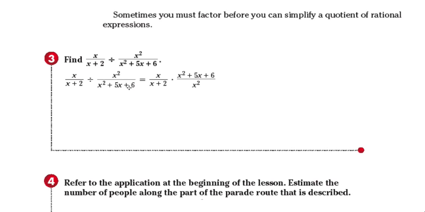Before you do that, however, I forgot that you need to get the reciprocal of this one and multiply it by this expression. Then factor it. So you have x plus 2 and x plus 3. Cancel out your x plus 2. Cancel out your x. You're left with x plus 3 all over x.